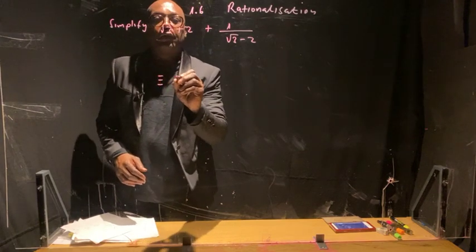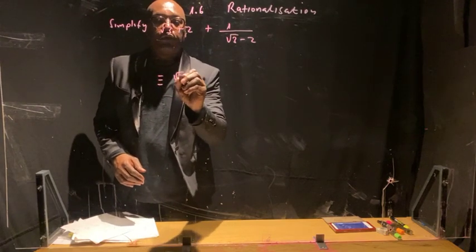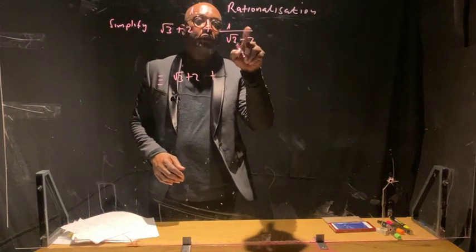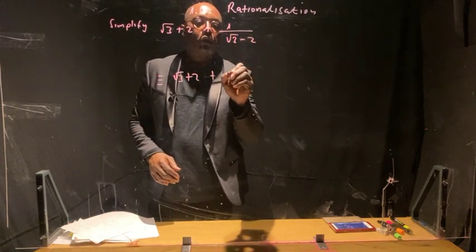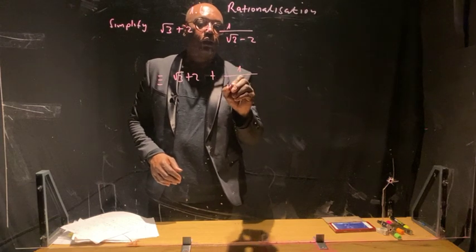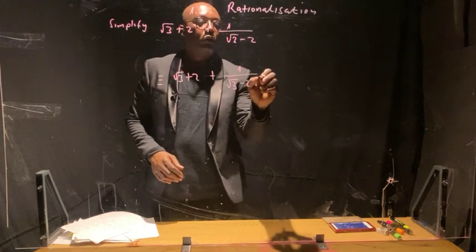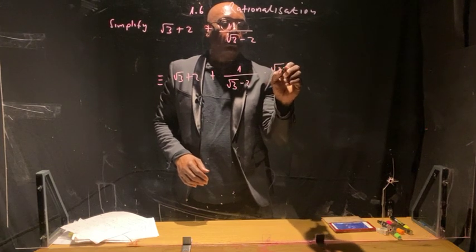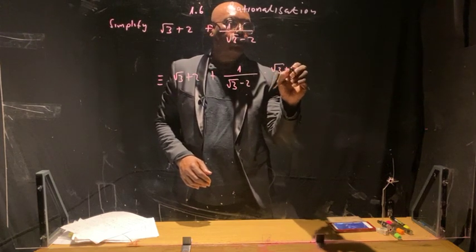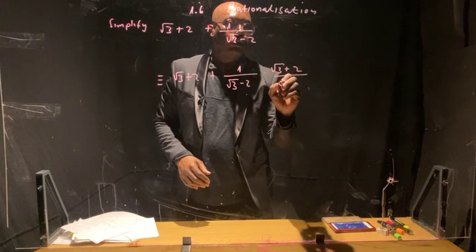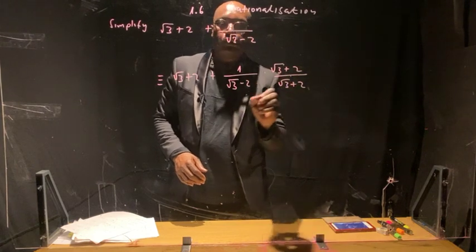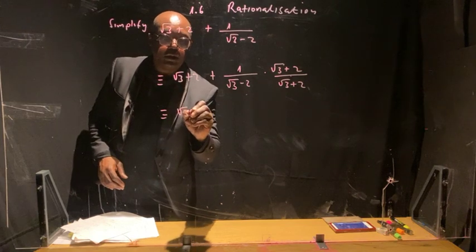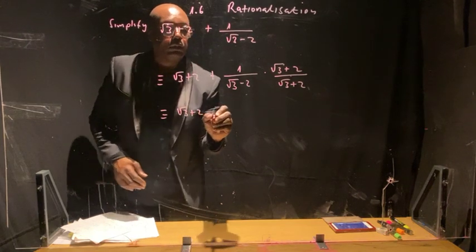This is no different from root 3 plus 2 plus, then I'll rationalize this one. 1 over root 3 minus 2, multiplied by root 3 plus 2 over root 3 plus 2.